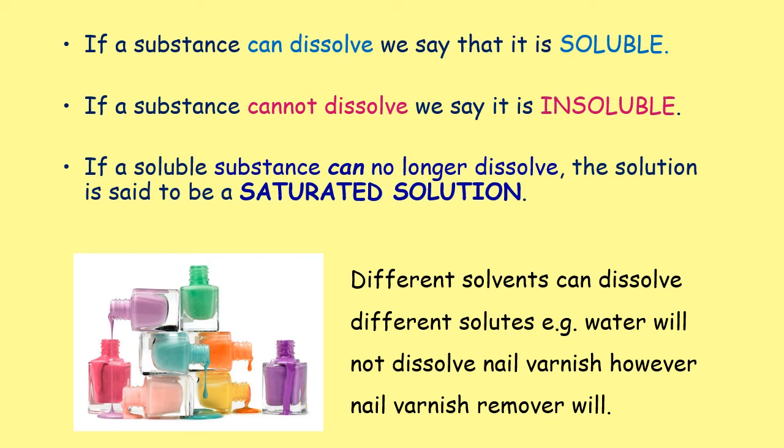Now, every substance that is soluble is only soluble to a particular level. Once you can no longer dissolve any more of a substance in a solution, that solution is saturated. It's filled up with solute.